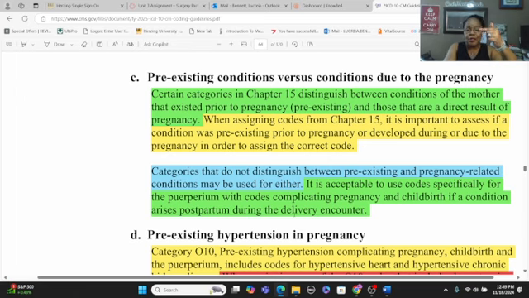Look at delivery, and even look at puerperal or puerperium, and look at the conditions underneath. Try to identify at what phase each of the conditions occurred, because if it occurred after delivery and during the postpartum, it's acceptable to use those codes. Okay, that's what C is telling you.